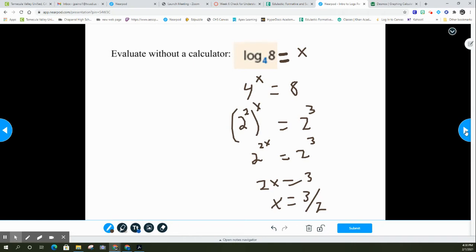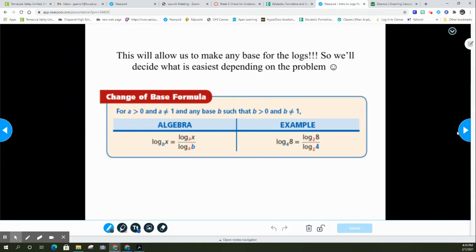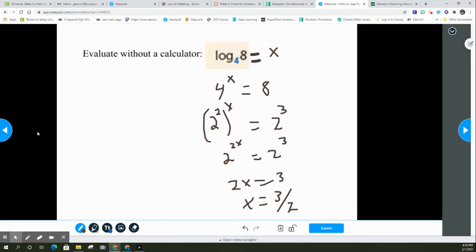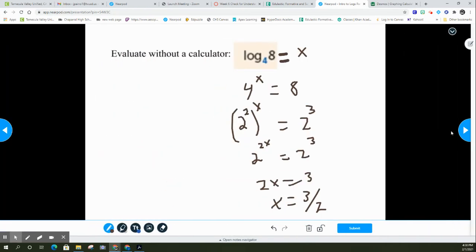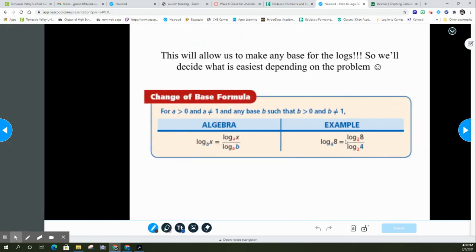And that leads us to our change of base formula. We could rewrite any log using any base. We'll take a look at what I mean by that. So that last one, log base 4 of 8, what did we do on both of those? We changed both bases to 2. So watch what we're going to do here.